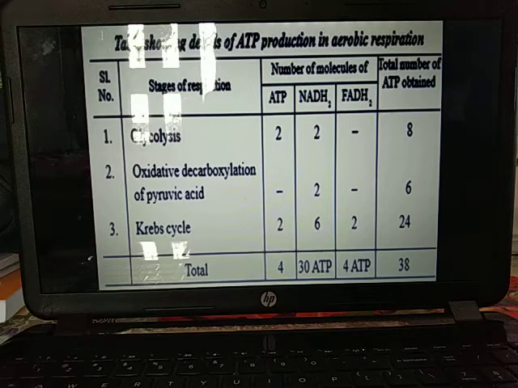A total of 10 NADH and 2 FADH2 molecules are formed in aerobic respiration. They help in formation of 34 ATP molecules.